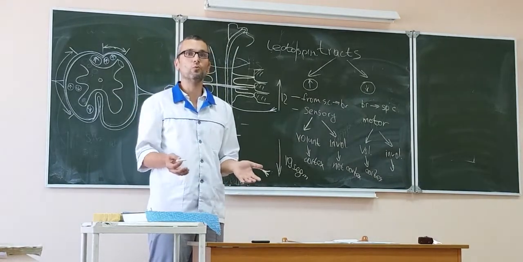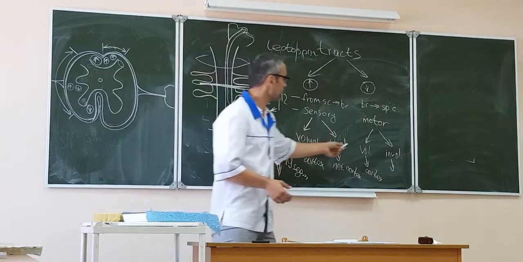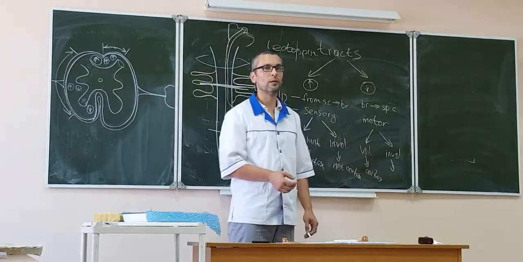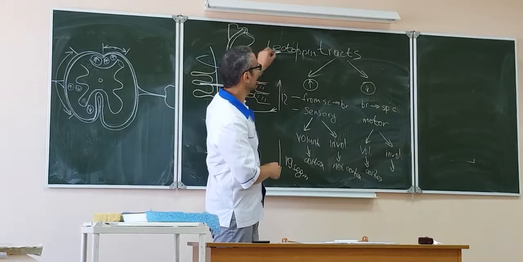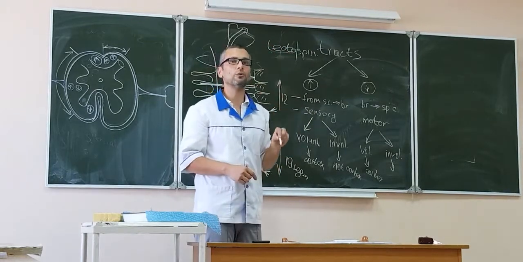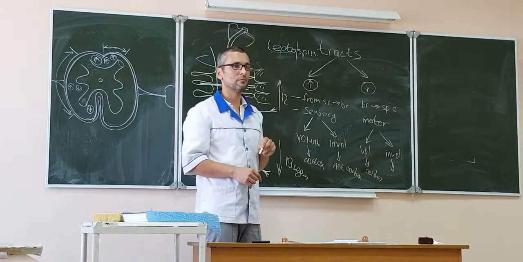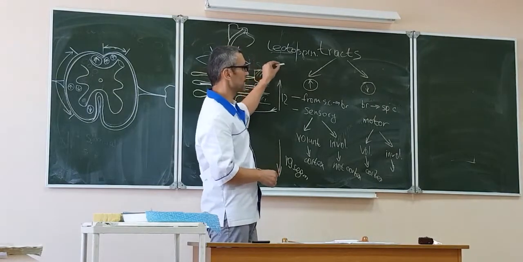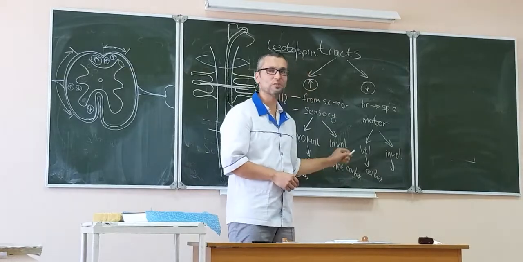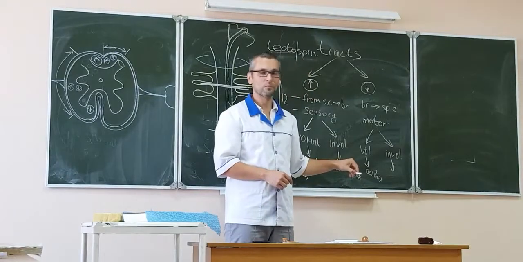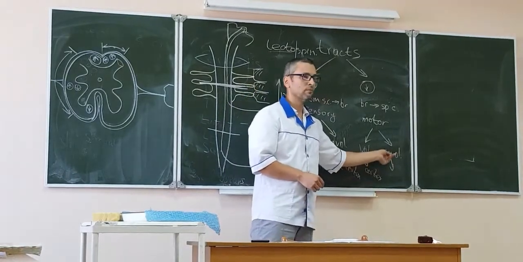Super, do you know which type of motor impulses? Voluntary or involuntary? Once again, let's look at the name. Tectospinalis. Is this tract called tractus corticospinalis? No, tectospinalis. That is why this tract starts not from the cortex, but from the subcortex. That is why this tract is involuntary.